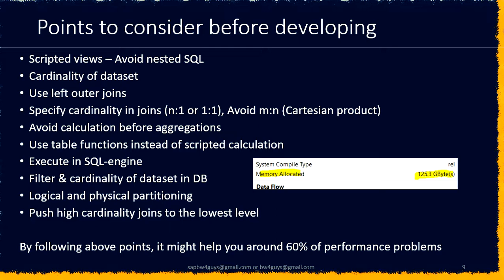Be specific about whatever data you are going to retrieve. Avoid calculation before aggregation. Use table functions instead of scripted calculation, and execute in the SQL engine. Filter the cardinalities of the data set, use logical and physical partitioning, and push high cardinality joins into the lowest level.